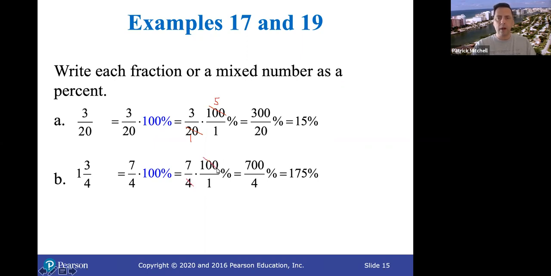So 4 and 100 are both divisible by 4. 4 divided by 4 is 1. 100 divided by 4 is 25. 7 times 25 is 175. So 1 3/4 as a percent is 175%.